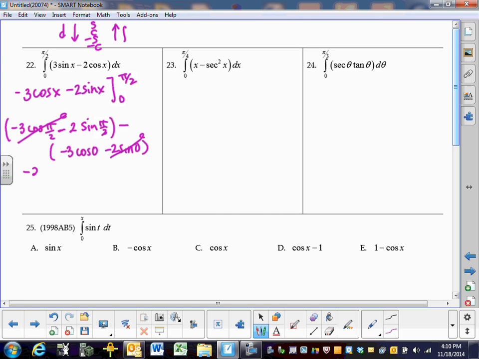So I have negative 2 sine pi over 2, which is 1, minus negative 3 cosine 0, which is 1. So being very cautious with my arithmetic, we get 1. So don't let the arithmetic be the reason you miss a relatively simple multiple choice question.